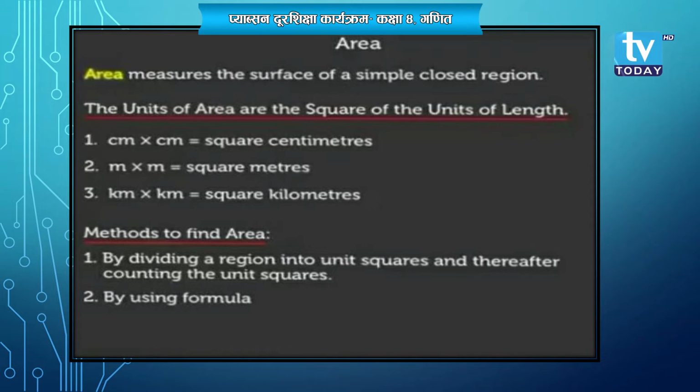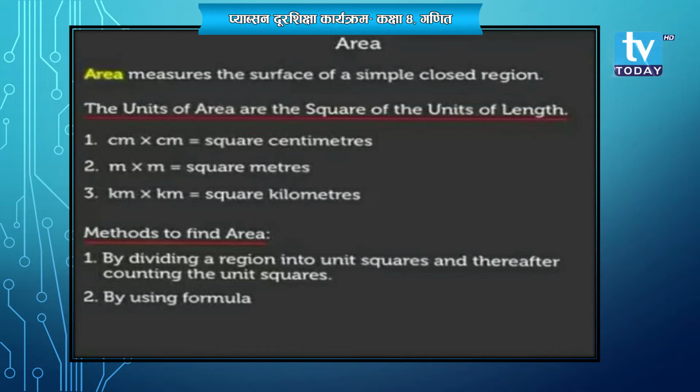Okay, now methods to find the area. That means how can we find the area of a rectangle as well as the area of a square, right? Over here you can see the methods of finding area. What is the first method? See here, by dividing a region into unit squares.